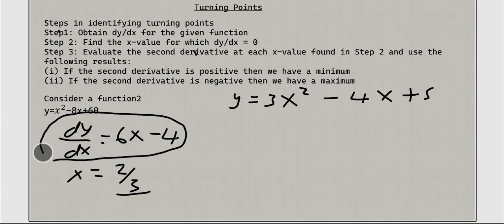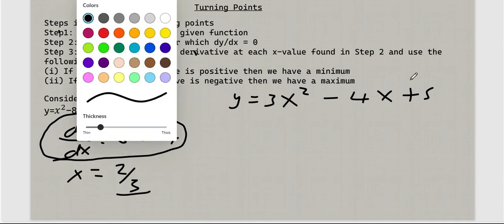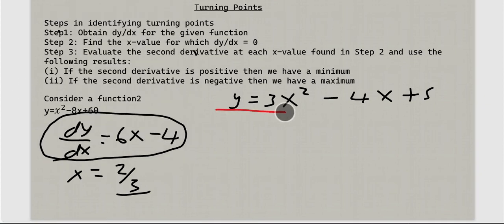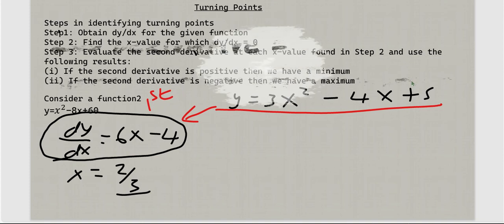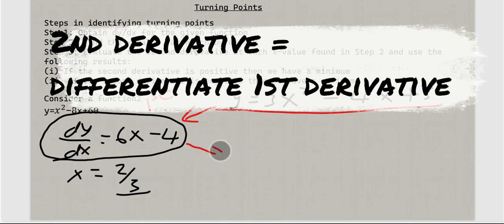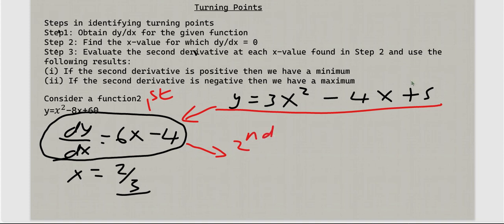Remember this is your first derivative. You have differentiated this function one time, and now you want to differentiate it a second time. So what are you differentiating the second time? The function that you have already differentiated.